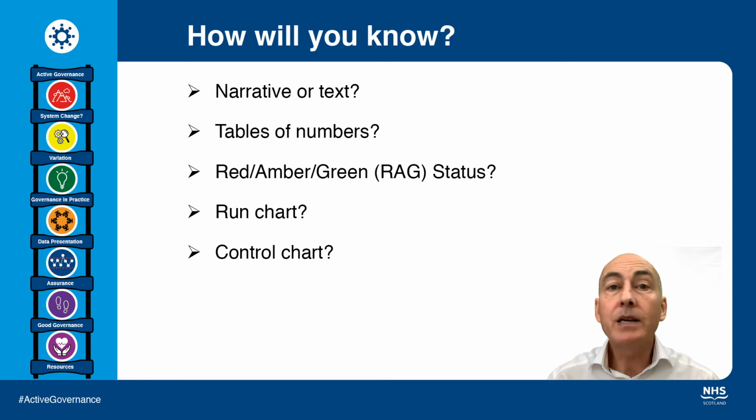What about red, amber, green status? Well, we'll talk in a different part of the training how they're really good for the assurance part, but they don't help you assess the variation, and it's critical you do that first. So we're looking at run charts, or line charts as they're often called, or preferably control charts in order to detect change.